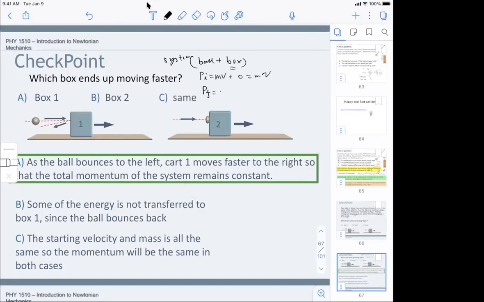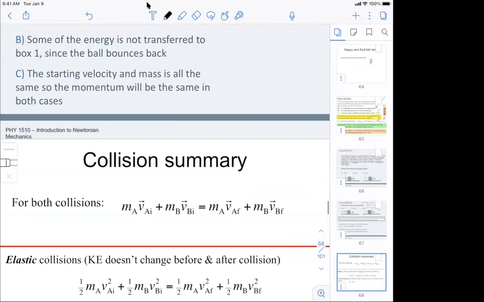The final has the ball with a different velocity, and the box with a velocity. Depending on the final, whether that's 0, or a negative velocity, it will give you a different v final for the box. So again, you can use conservation of momentum to explain it.